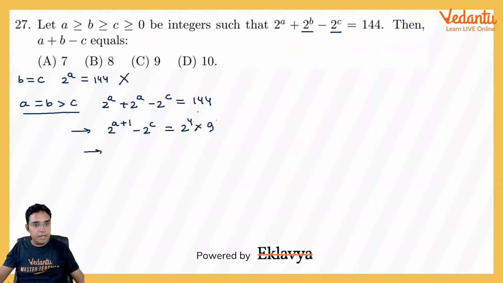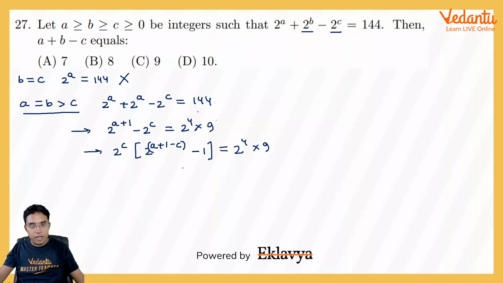Here c is less than a + 1, so I can take 2^c common, then it will be 2^c times (2^(a+1−c) − 1), where a + 1 − c is still a positive integer, equal to 2^4 × 9.